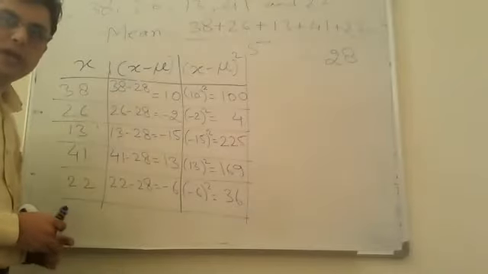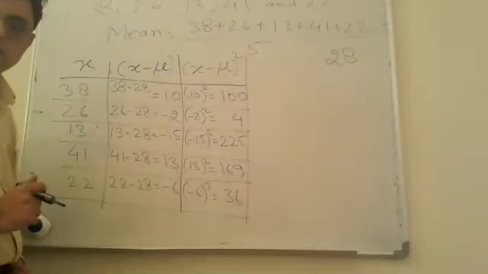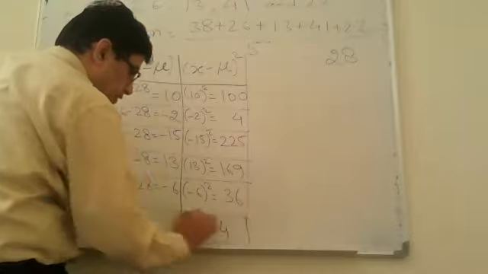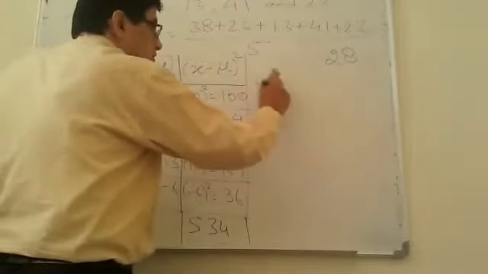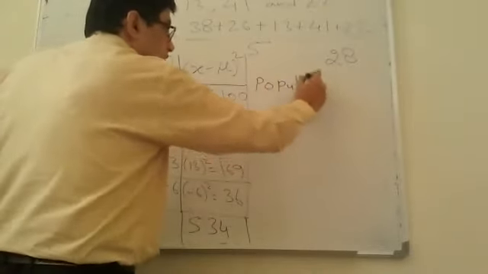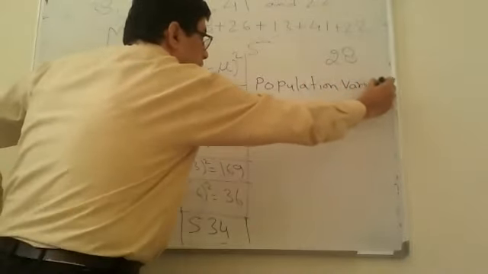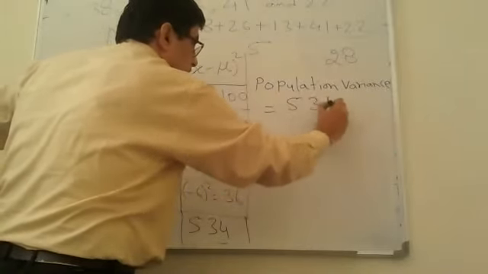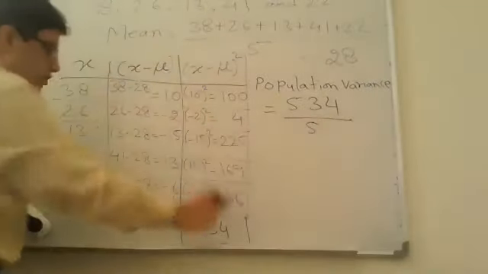Now we just need to take the total for this. The total is 534. So the population variance is the total of (x minus mu) squared divided by N, where N is 5.